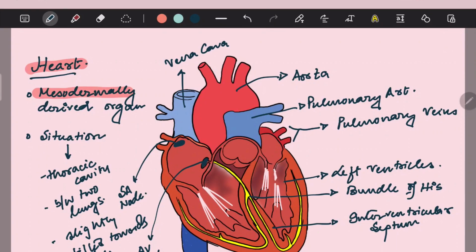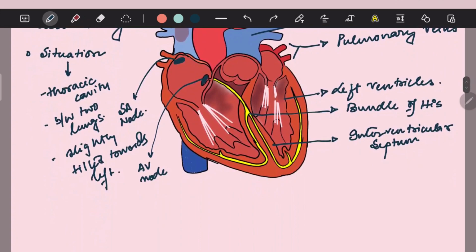If we just see this picture, what actually is the heart and what are its parts, we should appreciate that this is the vena cava, and it is the superior vena cava because it is situated above and it is bringing blood from all over the body. Right.